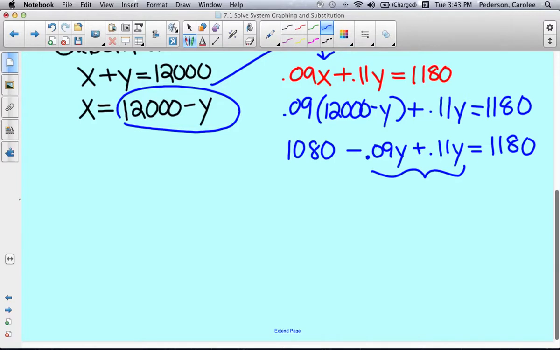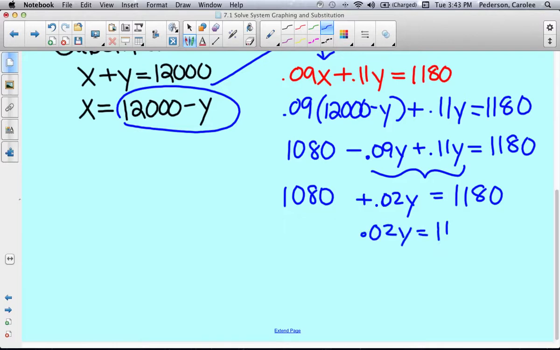Negative 0.09 plus 0.11 is 0.02y. And then 1,080 here. Now subtract 1,080 from both sides.